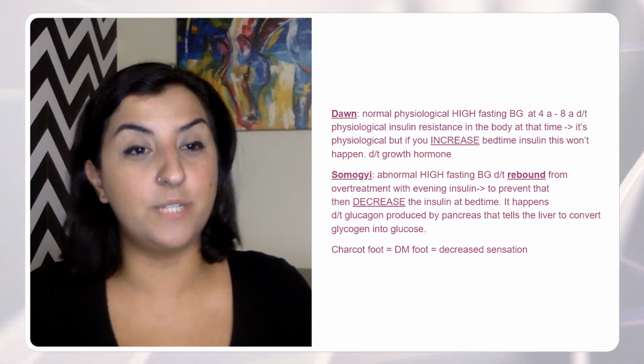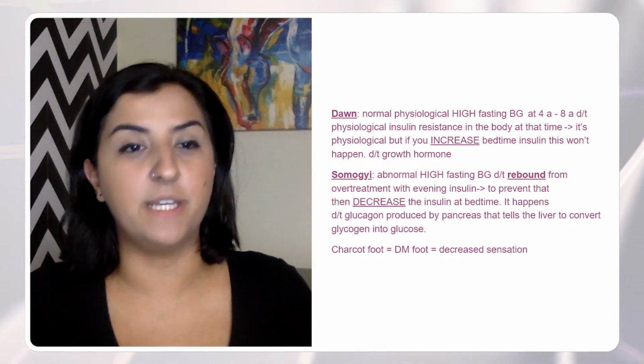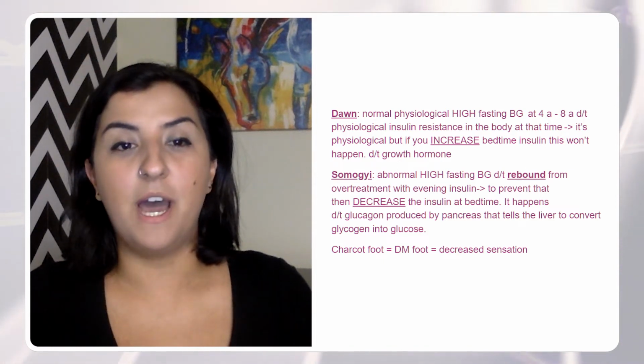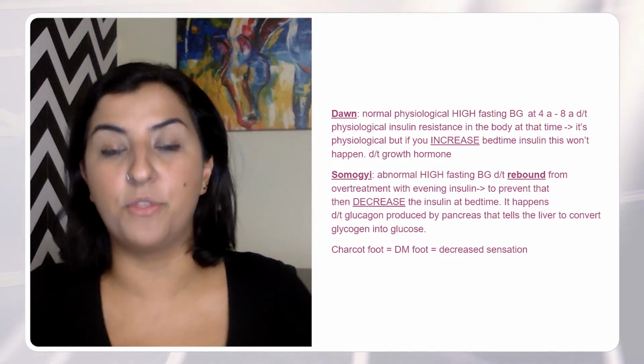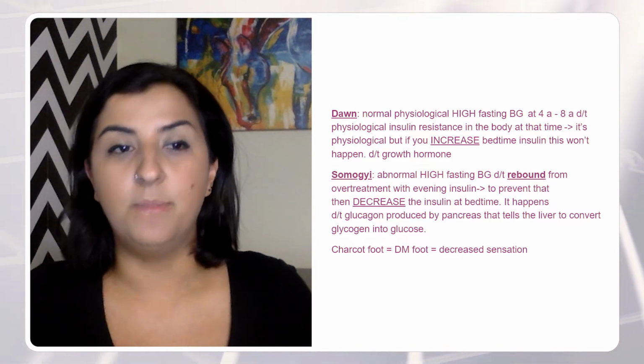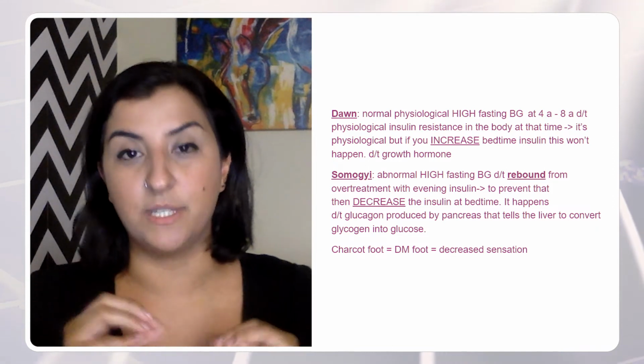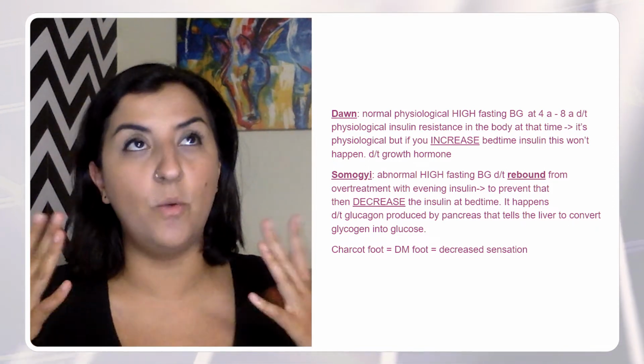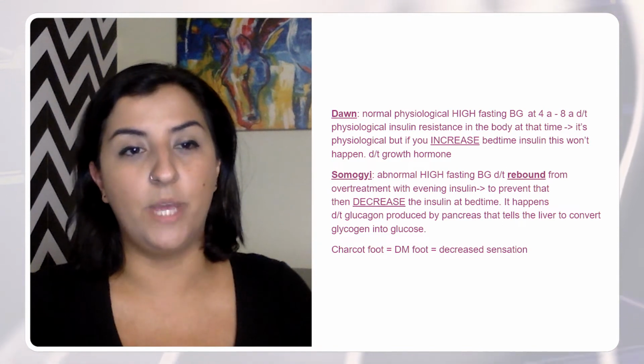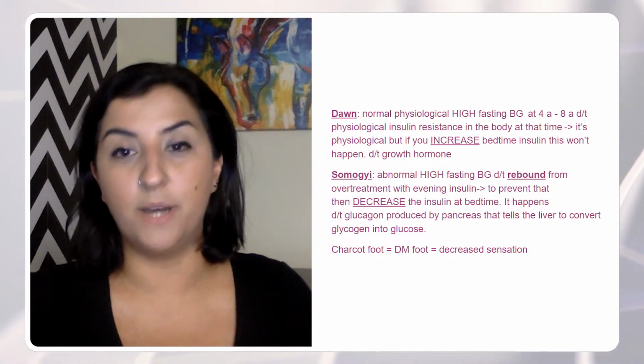Anyway, so the dawn phenomenon is a normal physiological high fasting blood glucose from 4 a.m. to 8 a.m. because of physiological insulin resistance in the body at that time of the day. Okay, this is how we are as humans.